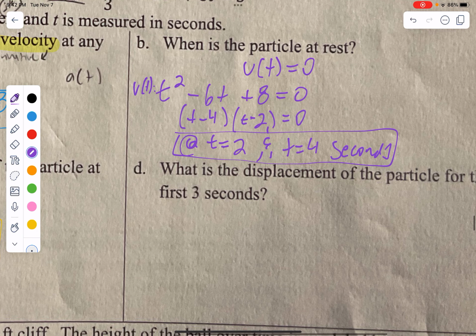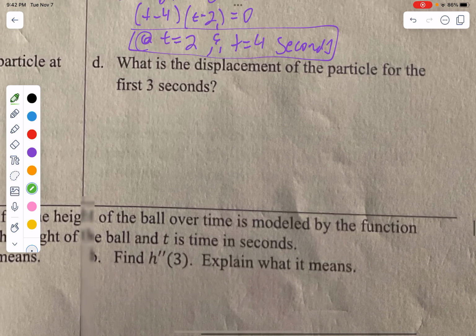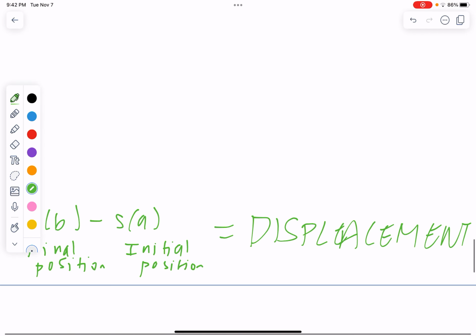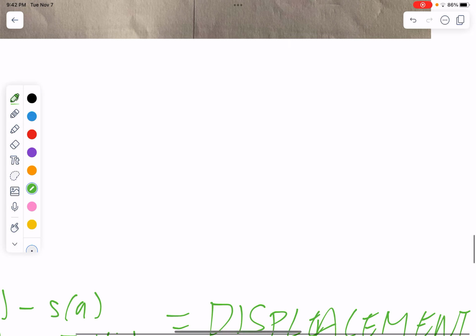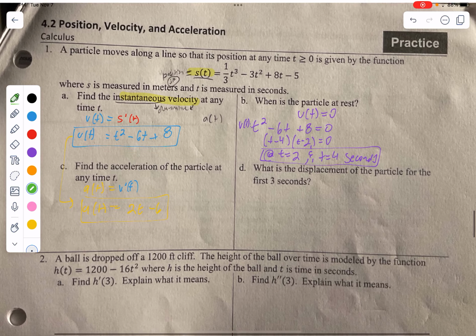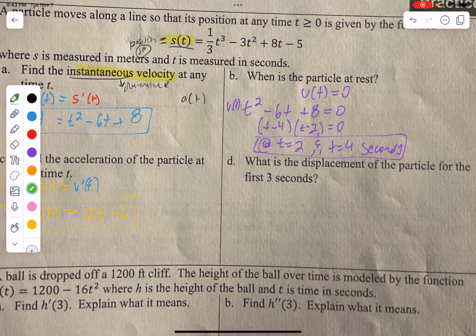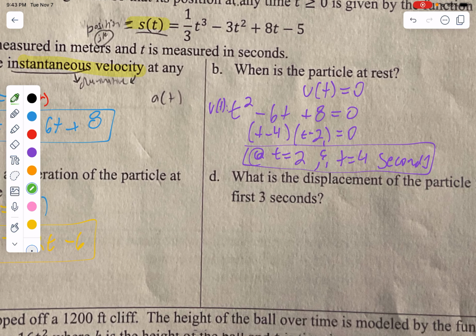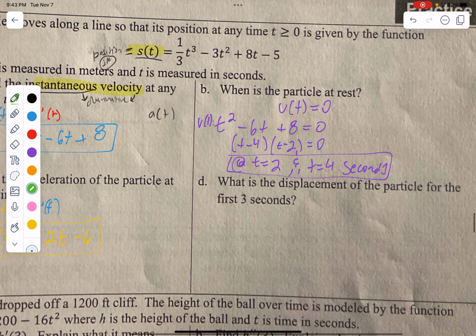Now, what is the displacement of the particle for the first 3 seconds? This is kind of a new concept here, displacement. The formula is the final position, S of B, minus S of A, the initial position. Our initial position is going to be 0, so you plug 0 into the original position equation.